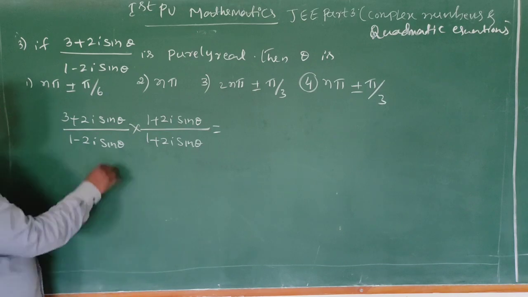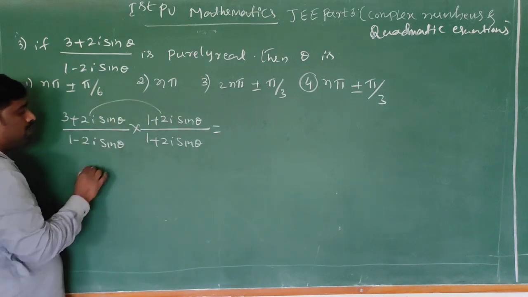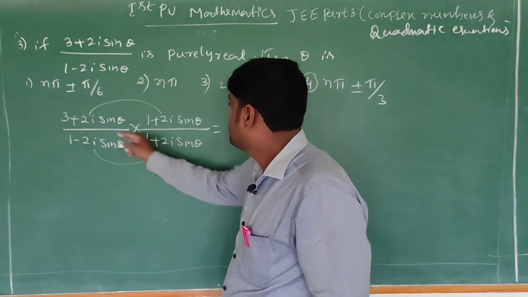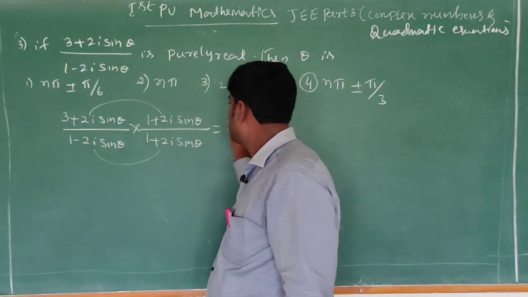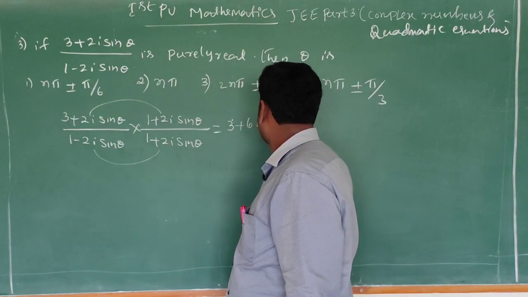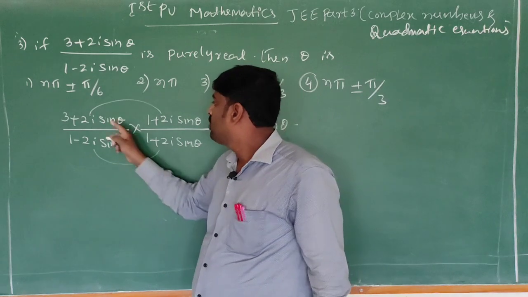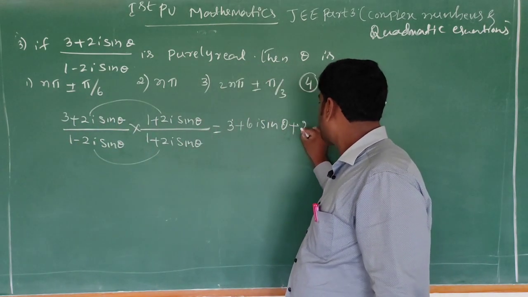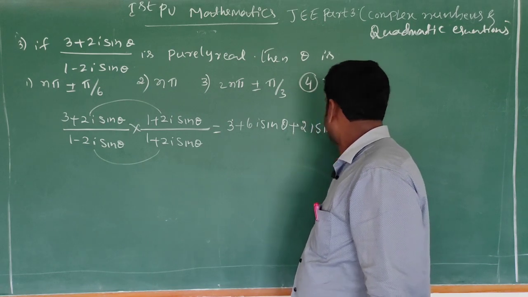Now multiply numerator with numerator, denominator with denominator. 3 ones are 3, 3 twos are 6, 6i sin theta. 2i sin theta into 1 is 2i sin theta.